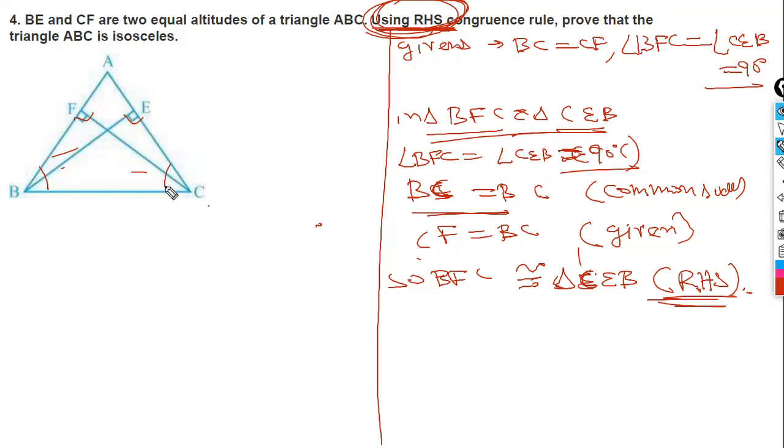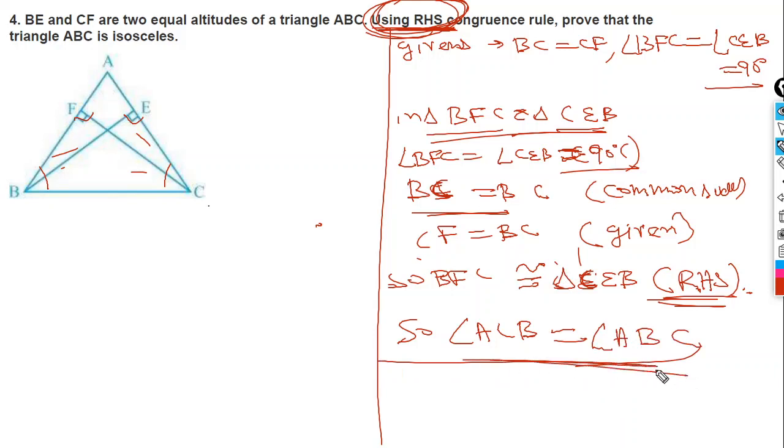By CPCT, you just directly write angle ACB is equal to angle ABC. Now two angles are equal in a triangle, therefore their opposite sides will also be equal.